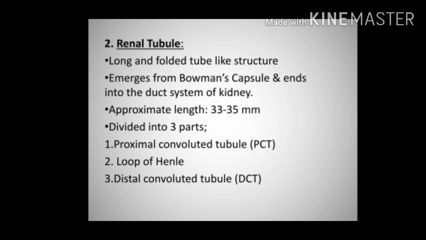Approximately its length is 33 to 35 millimeter. It is divided into three parts. Proximal convoluted tubule, it is also known as PCT. The second part is loop of Henle, and third one is distal convoluted tubule, that is also known as DCT.